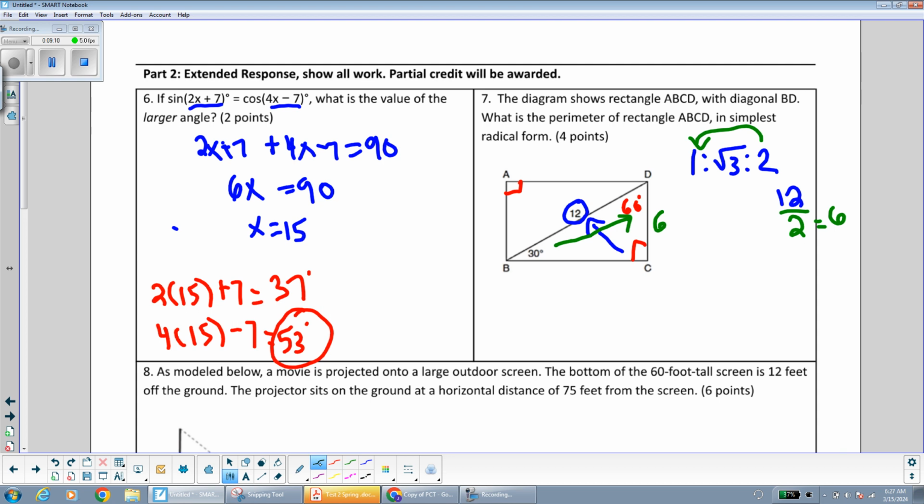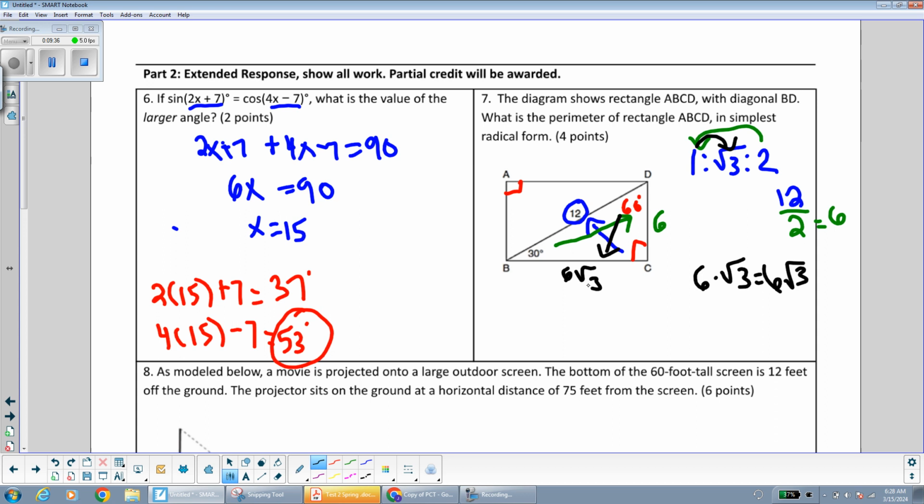Now all that's left to find is the side across from the middle biggest angle. So now that we have the smallest side, which is the 1 part of the ratio, in order to get to the middle biggest side, we just have to multiply by radical 3. 6 times radical 3 is 6 radical 3.